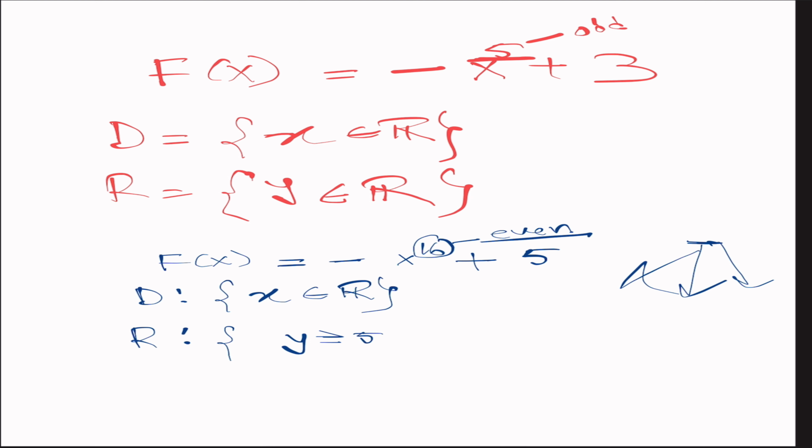Since it's negative, it's going to flip, so y is either 5 or less than 5. That's the range, and x is all the real numbers.